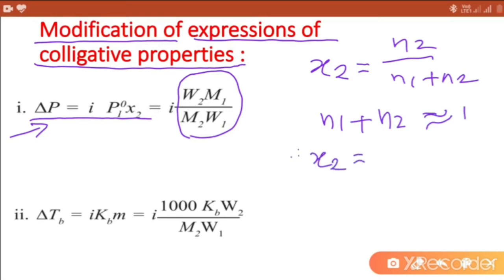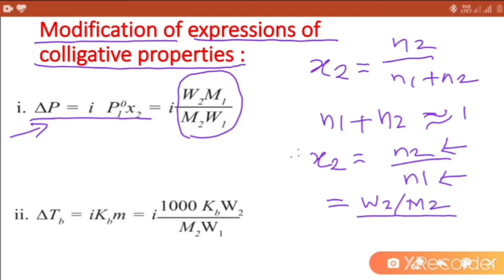Therefore, X2 is equal to n2 divided by n1. n2 is the number of moles of solute and n1 is the number of moles of solvent, and the number of moles of solute is W2 divided by capital M2, mass upon molar mass of solute, divided by W1 divided by capital M1, mass of solvent divided by molar mass of solvent.